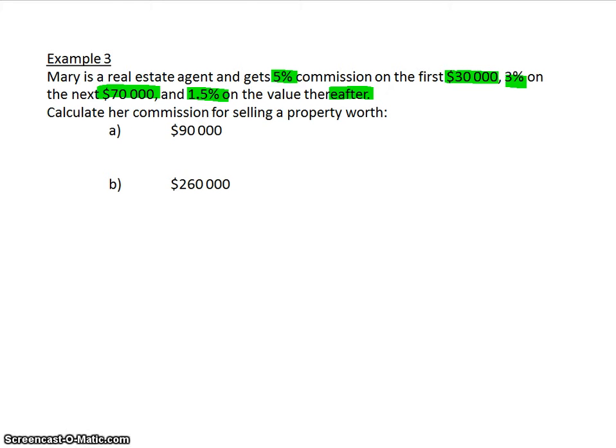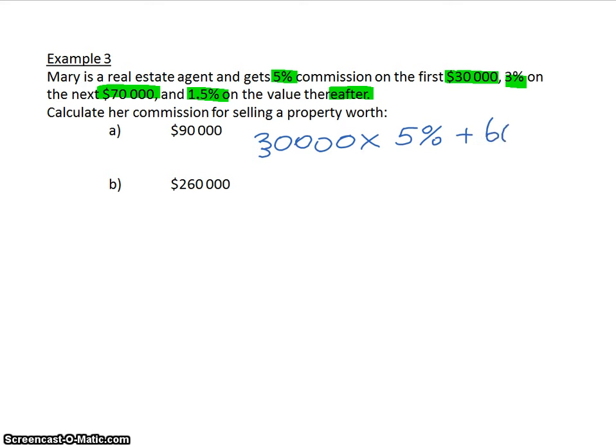So for the $90,000 house that she sells, on the first 30,000 she gets 5%. So it's 30,000 times 5%. On top of that, she also has another $60,000.